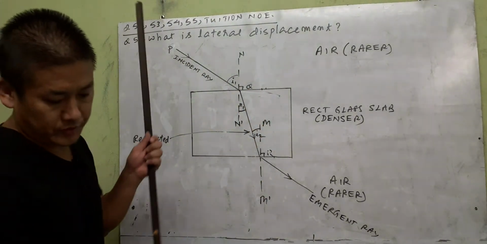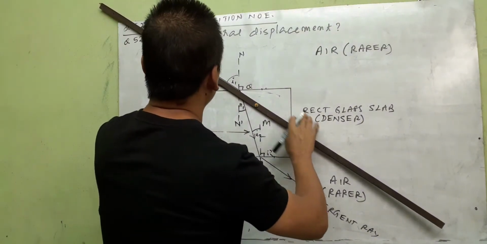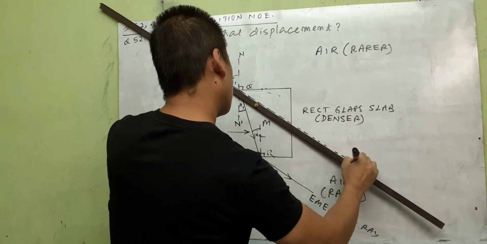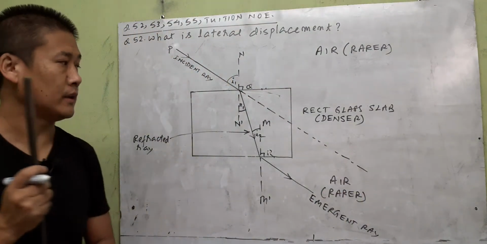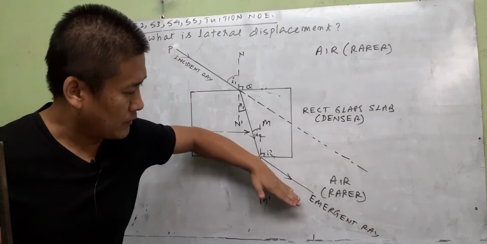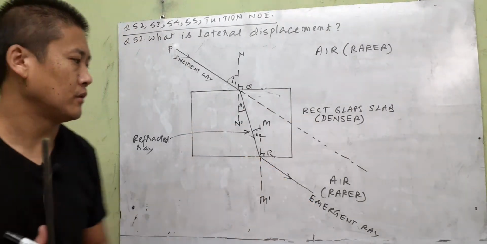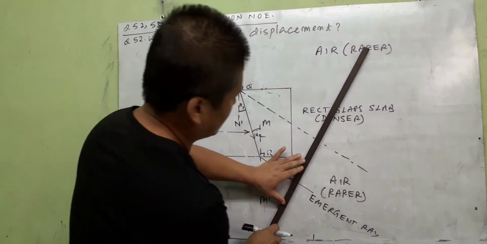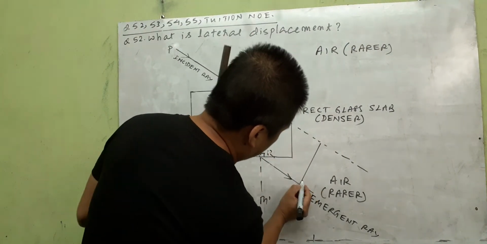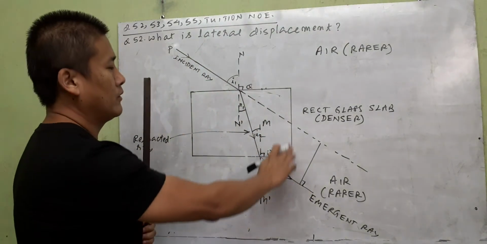Now produce the first incident ray by imagining the same straight line produced like this. We will always find that the incident ray produced is parallel to the emergent ray, the final ray that comes out. Between those two rays, you draw a line perpendicular to the emergent ray or incident ray.